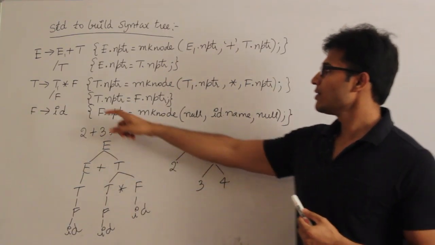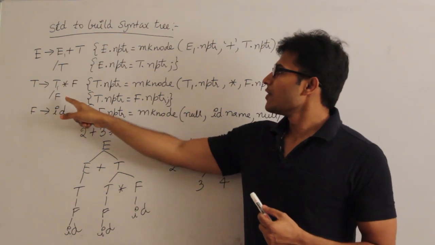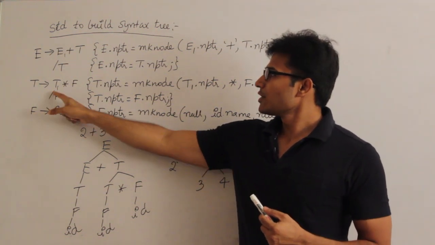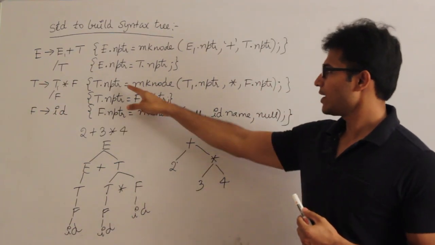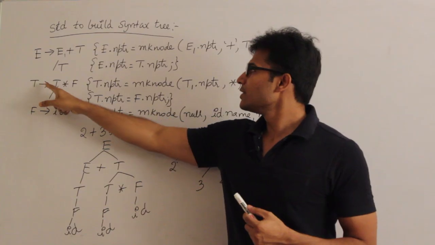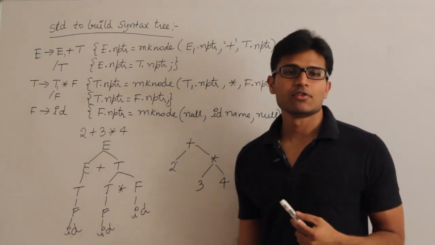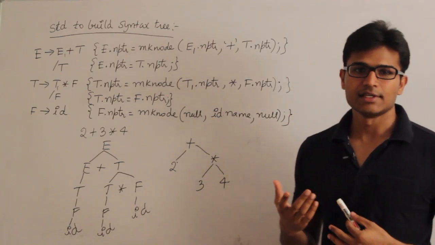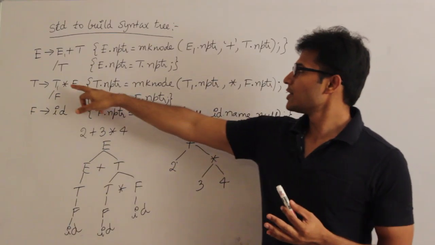Coming to the production T derives F, whenever there is this production, whatever is F's nptr will be placed in T's nptr. And coming to the production T derives T star F, here I have written T1. It is actually not T1, it is just T. Just to distinguish the right side T from the left side T, I have written T1.